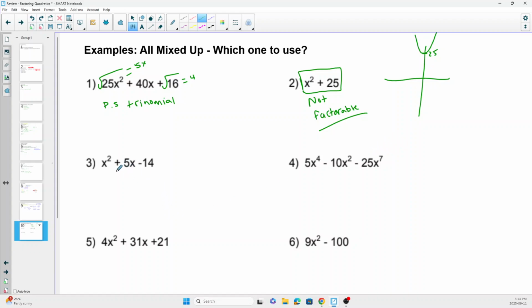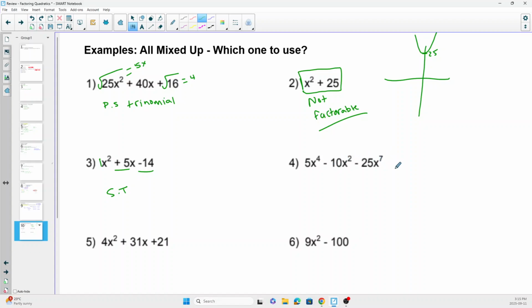Okay, here we have a simple trinomial. A is 1, and we can't just conclude, but first we would have to check: are there two numbers that add to this and multiply to this? So we have a simple trinomial here. Here we have what appears to be a complex trinomial, but first off, this is degree 7, so this is not a quadratic at all.